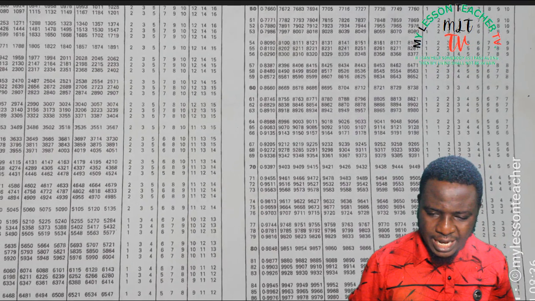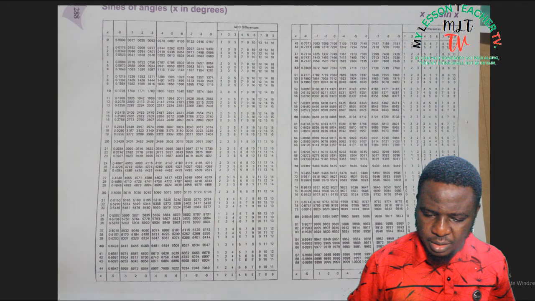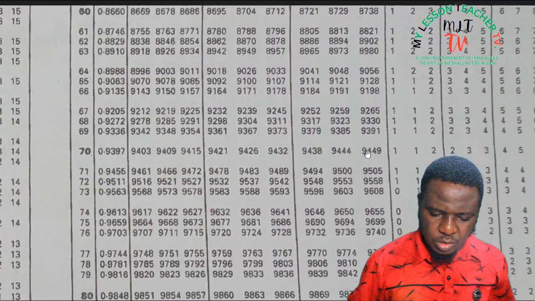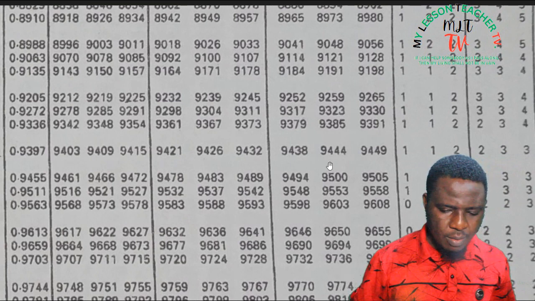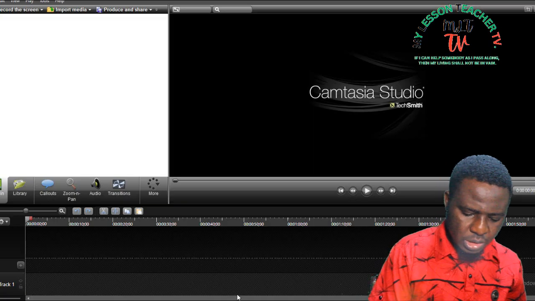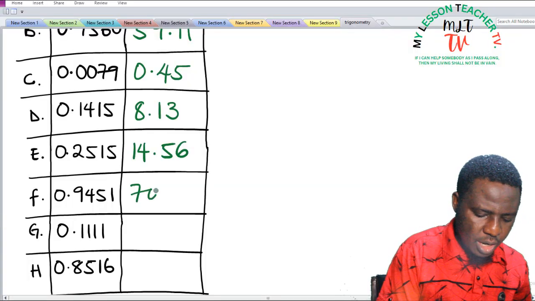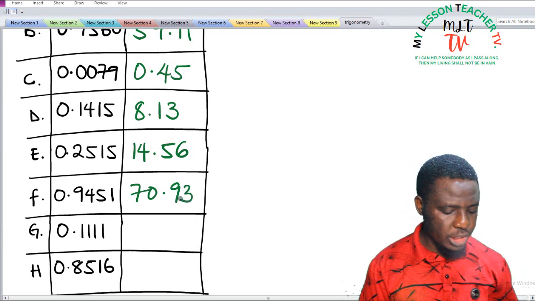Under what difference table did I get 2? This is said to be difference 3. Difference 3 is said to be 2. So our answer now becomes 70.93. So this is 70, angle 70.93.